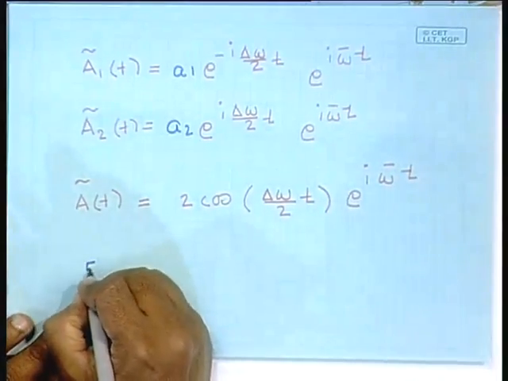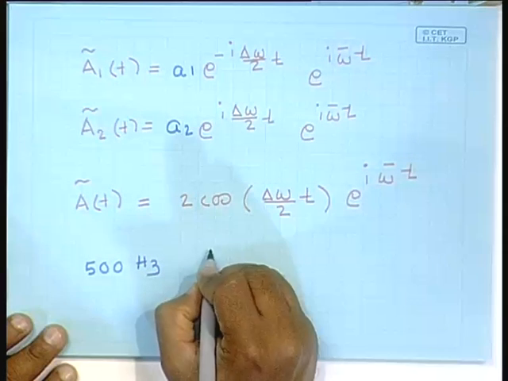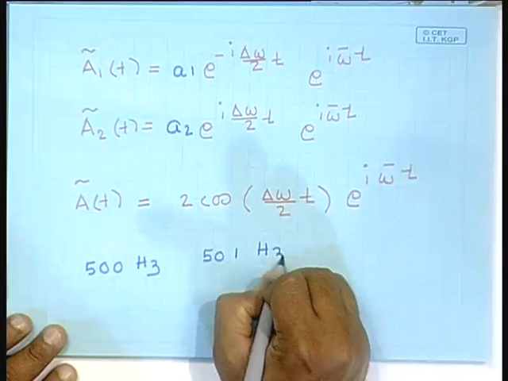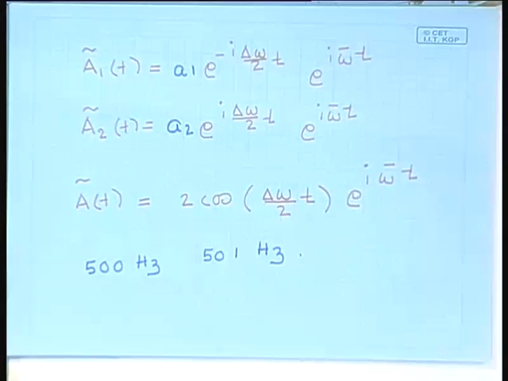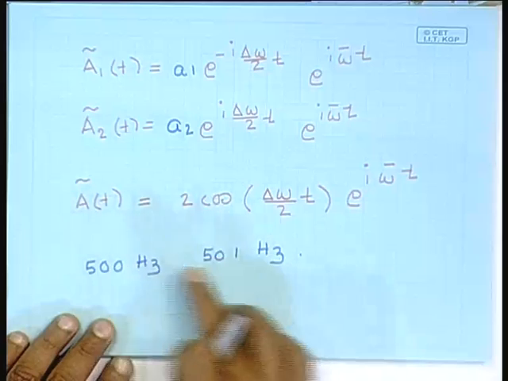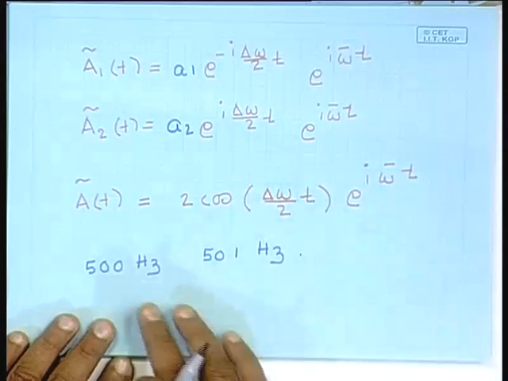Now, suppose I have one sound at 500 hertz and another sound at 501 hertz. The superposition of these two is a fast oscillation.